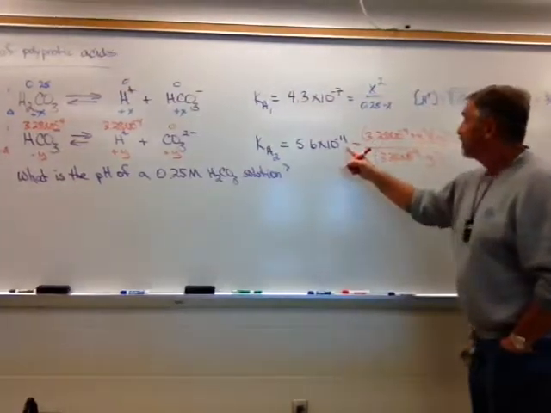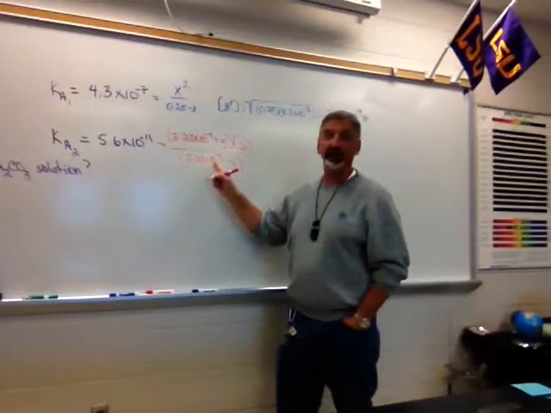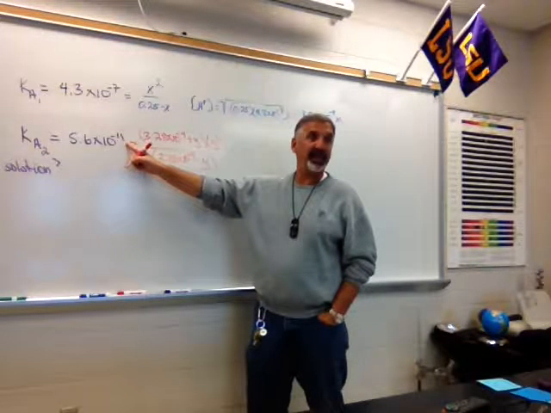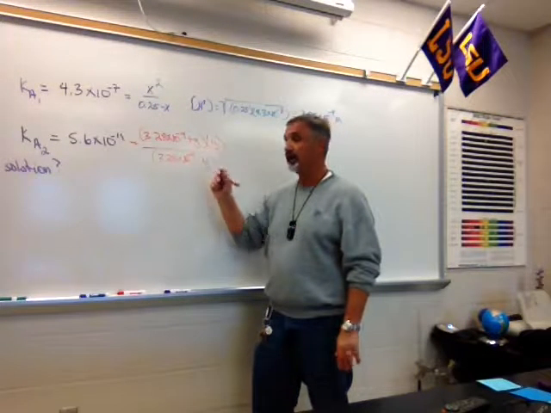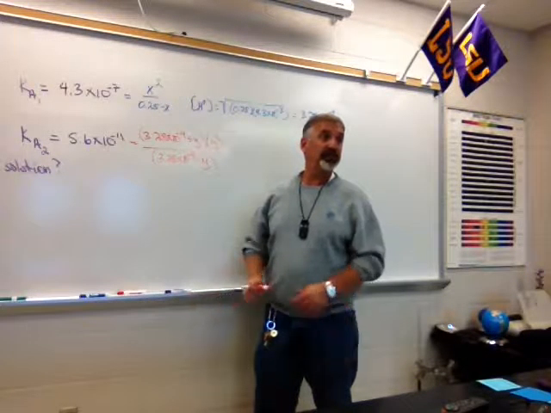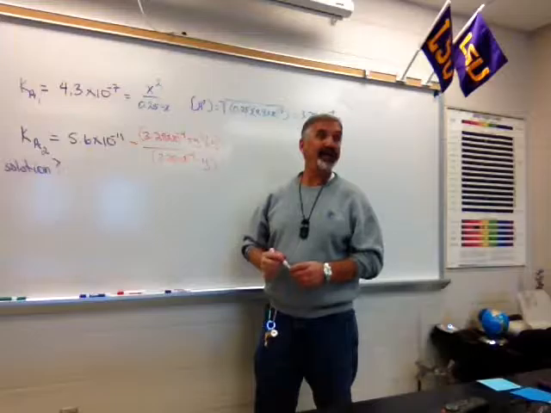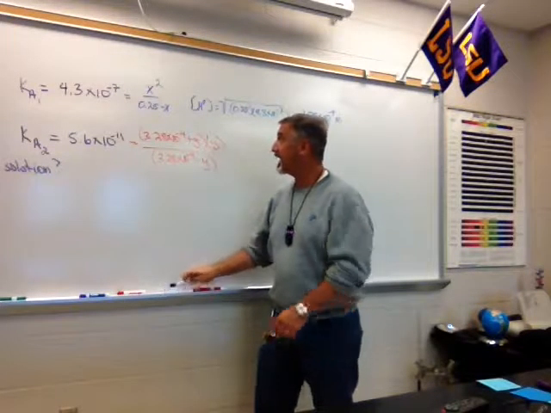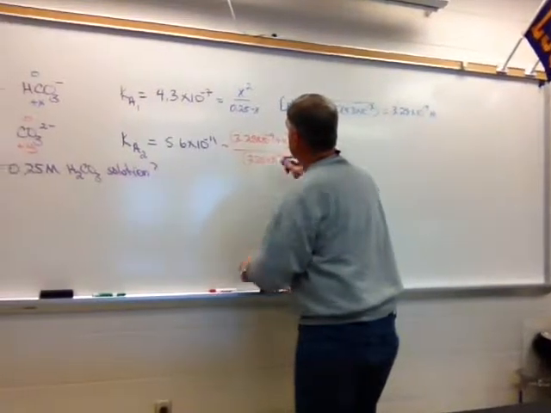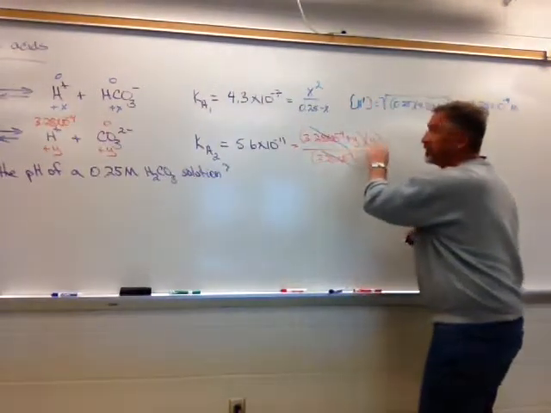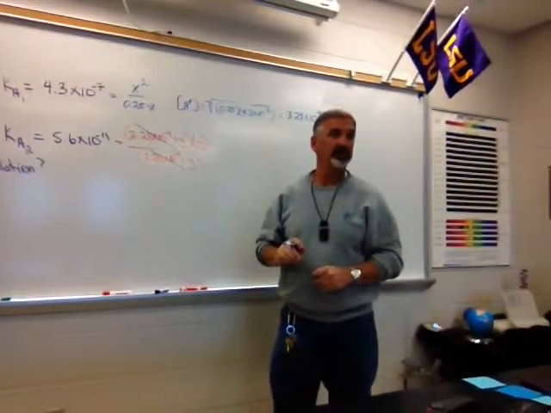Now, we have 10 to the minus 4th as our initial concentrations, 10 to the minus 11th as the value of Ka. So what does that mean about the value of y? It's going to be negligible, right? So if y is negligible, what's going to happen to these two terms? They're going to cancel out. So Ka is going to equal y.